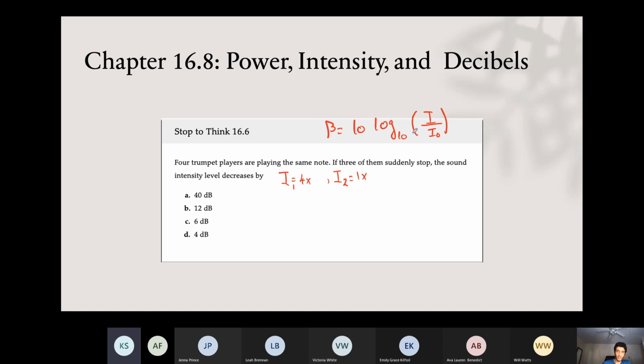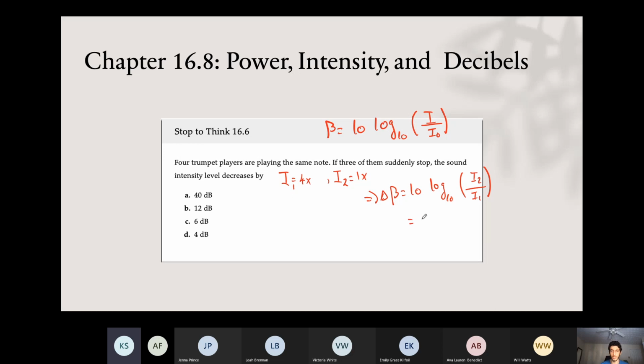Okay, if you don't, we can look at it this way. If we take our reference being I1, the change in beta will equal 10 log base 10 of I2 over I1. You take the ratio between both of them.